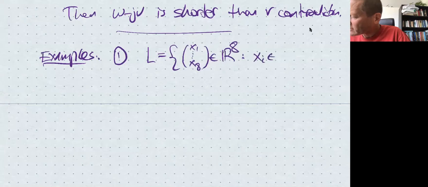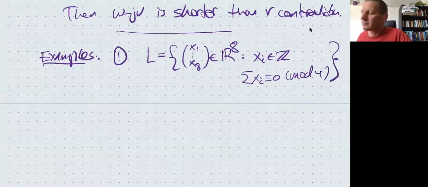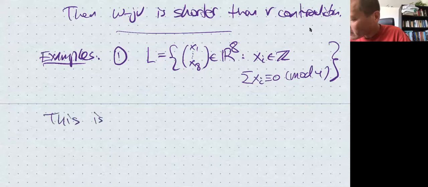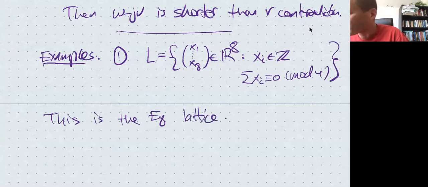I want all the xi's to be integers, and I want the sum of the xi's to be 0 mod 4. Some definition. This is called the E8 lattice. It's going to appear again. We're seeing it for the first time. It's an interesting lattice. You'll see why in a moment.